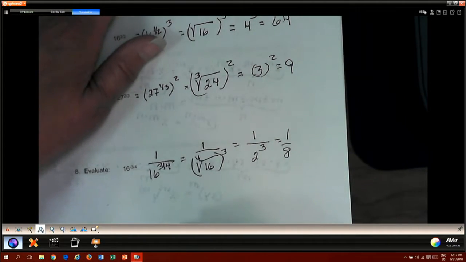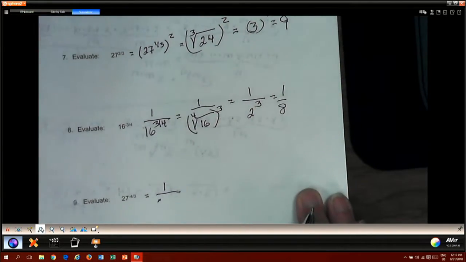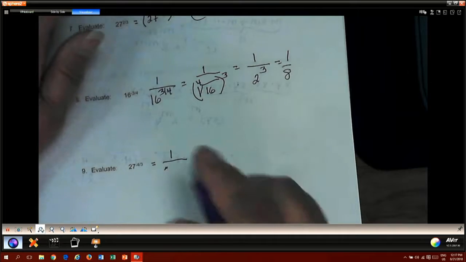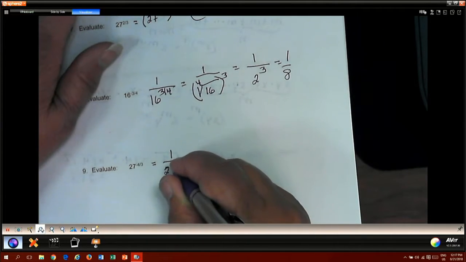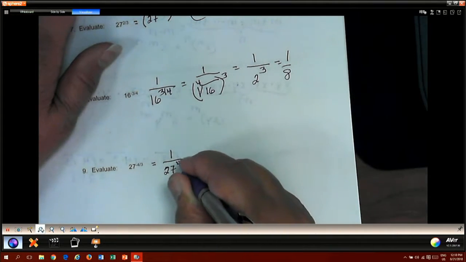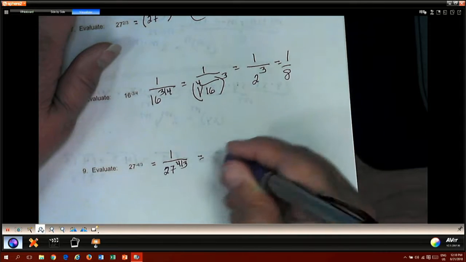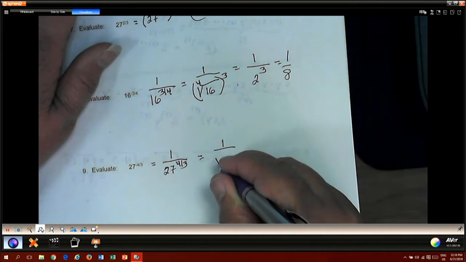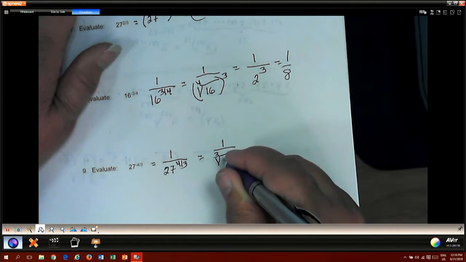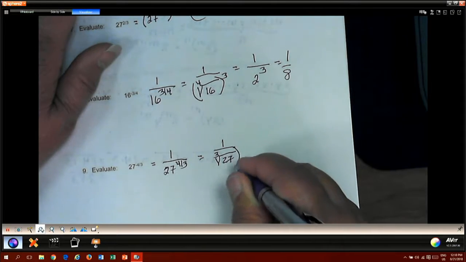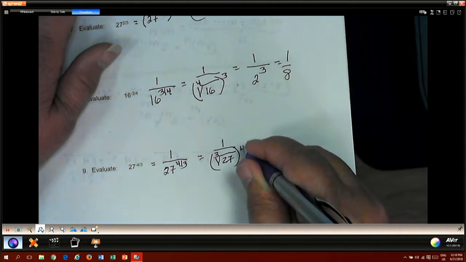Same thing with the next one. This becomes 1 over 27 to the 4/3, which is 1 over the cubed root of 27 to the 4th.